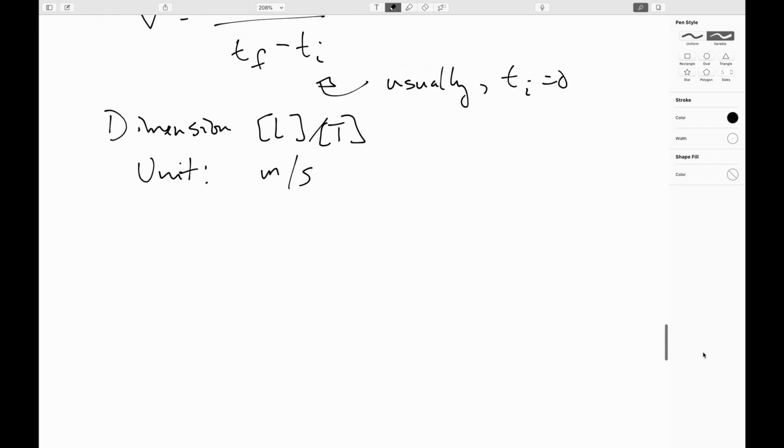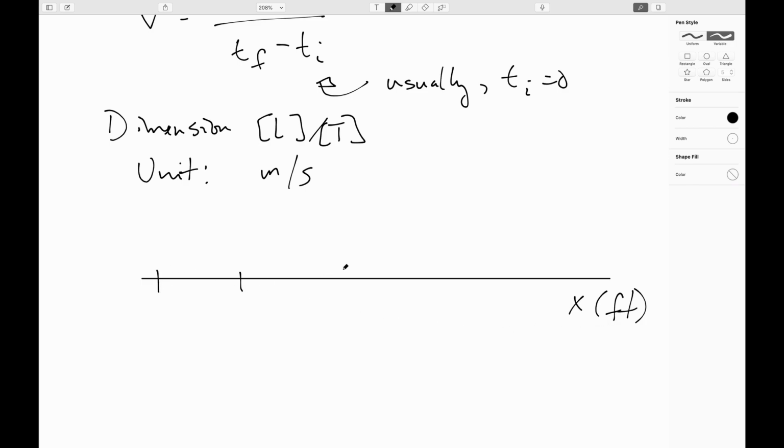To flesh out one concrete example of that, let's say I've got an object moving to the right. Let me put down, so this is position. We'll work in feet. We'll say this is 0, 20, 40, 60.